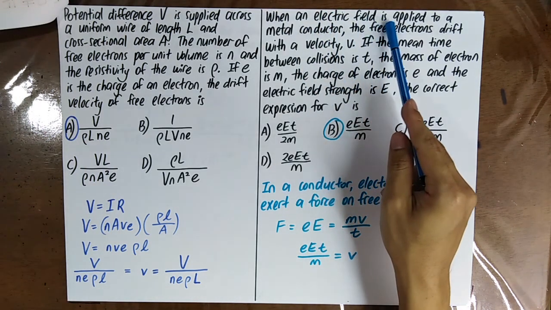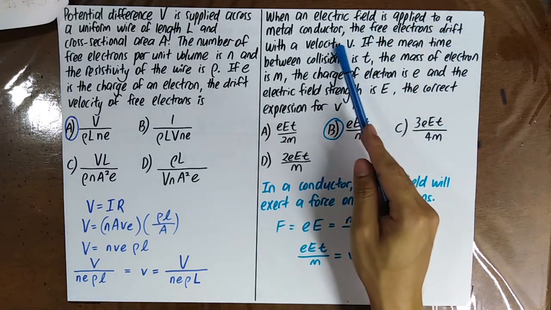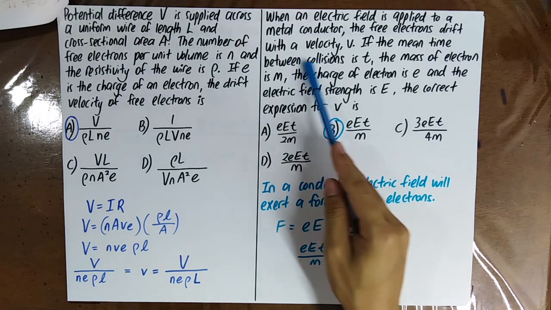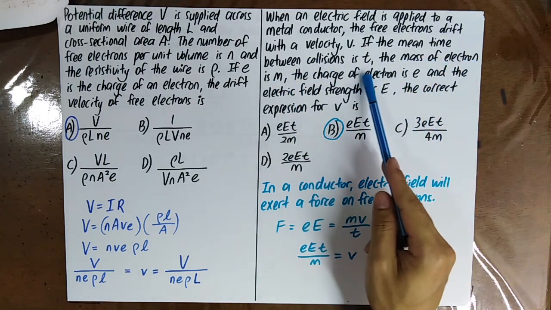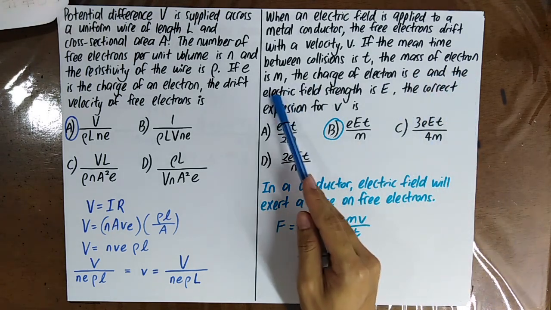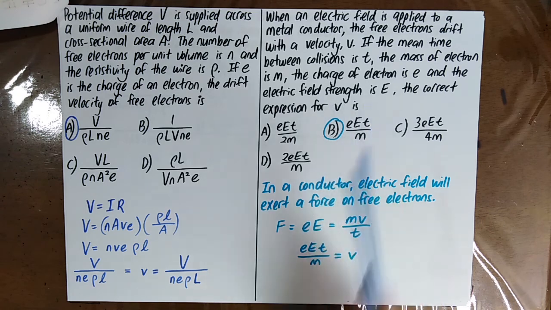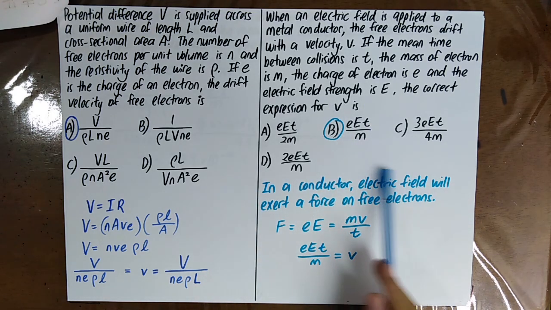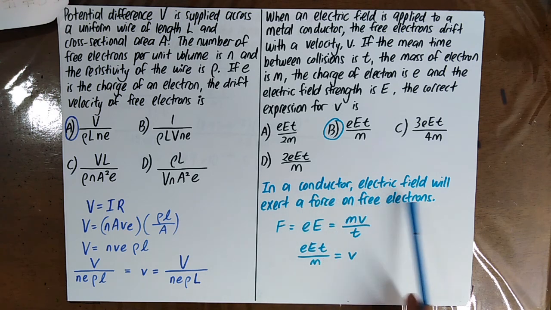When an electric field is applied to a metal conductor, the free electrons drift with a velocity v. If the mean time between collisions is t, the mass of electron is m, the charge of electron is e, and the electric field strength is E, the correct expression for v is, okay, you know that inside the conductor, the electric field will exert an electric force on the free electrons.